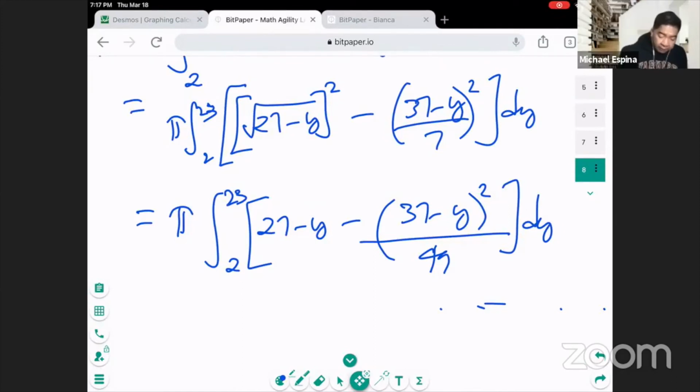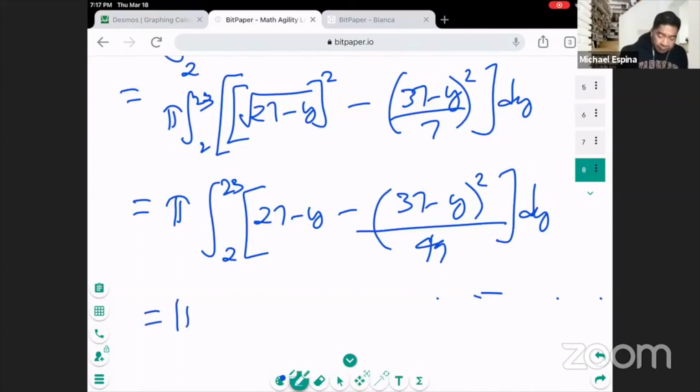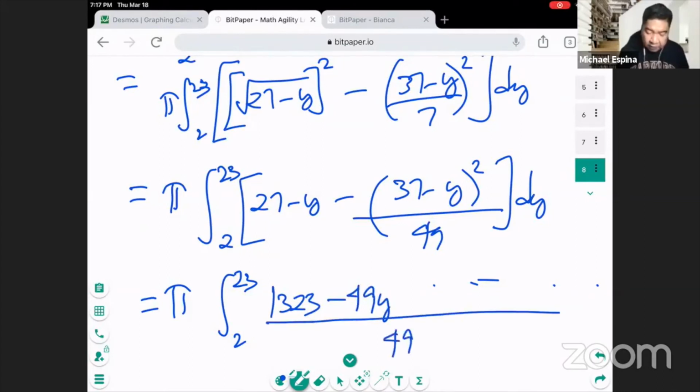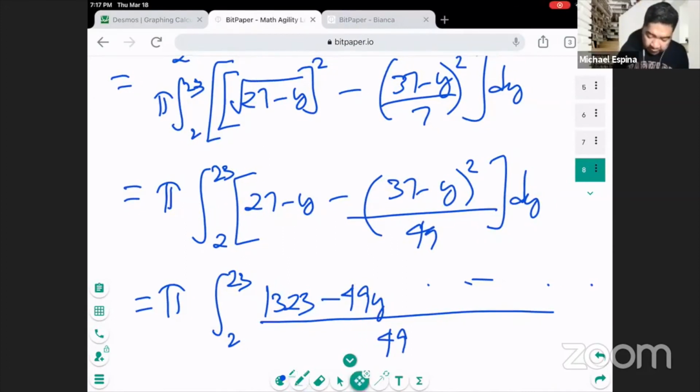So let's have pi here outside, and then 2 to 23. So what is 49 times 27? It is 1,323. And then minus 49y. So again, all over 49, because we put 49 as our denominator.